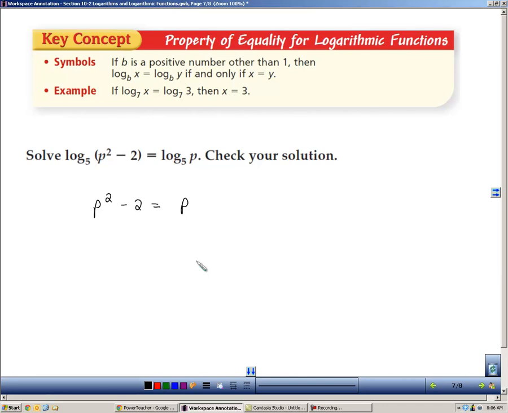I can drop the logs and then solve this like normal. I'm going to bring the p over here and make it a polynomial. Two factors of -2 that add to be -1 are -2 and 1. So I'm factoring this using the diamond, which means I find that p is 2 and p is -1.